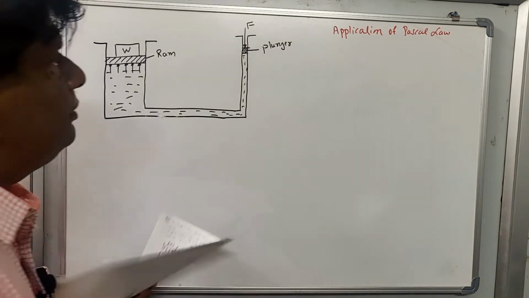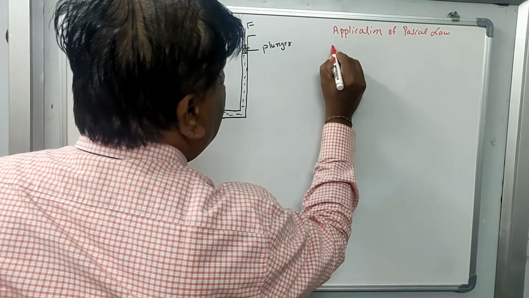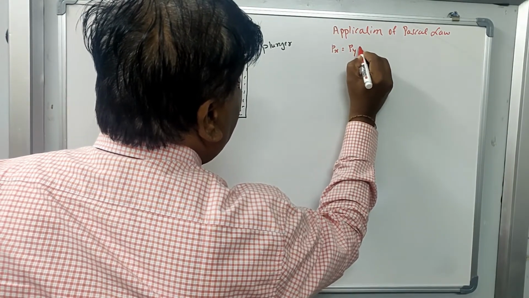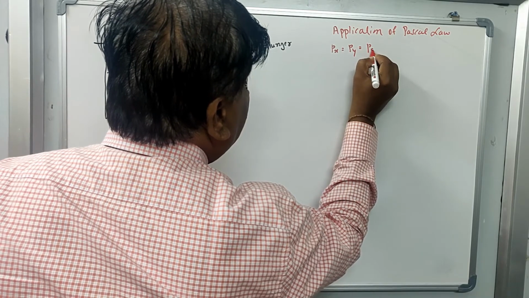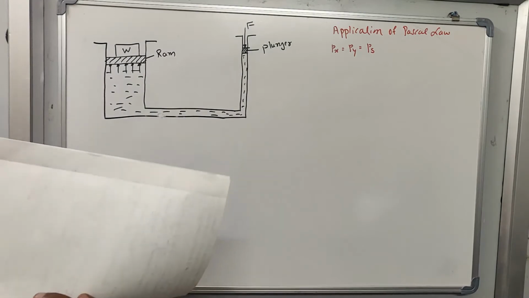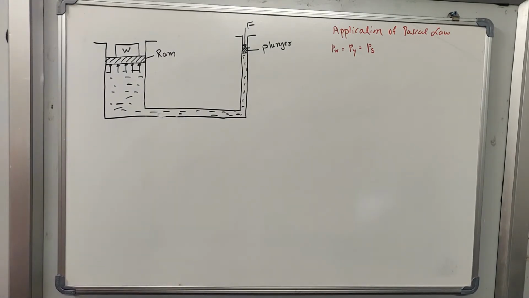Based on that, we derived that the pressure intensity in the x direction, y direction and s direction is the same, that is Px is equal to Py is equal to Ps.